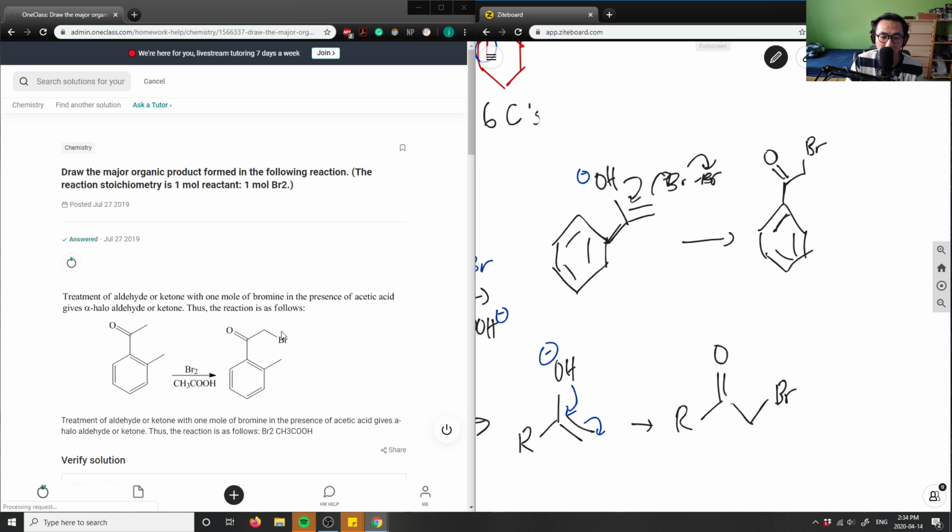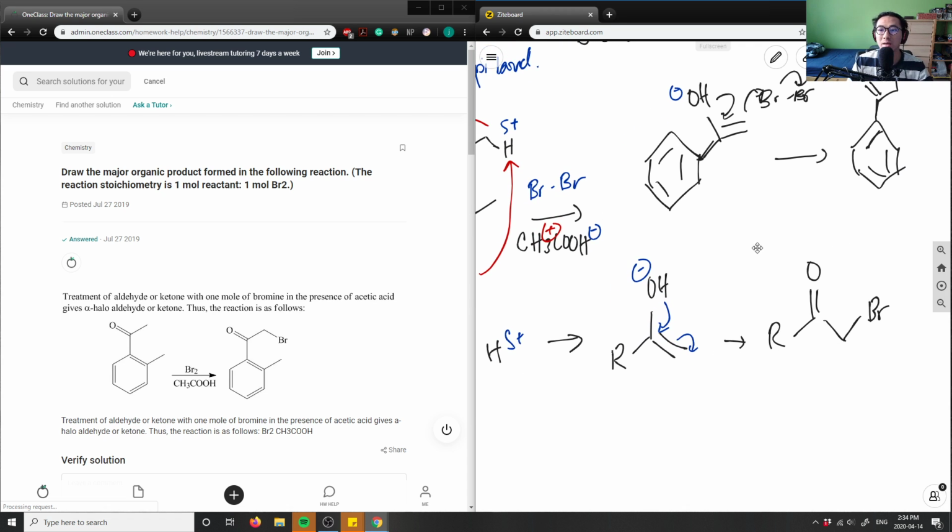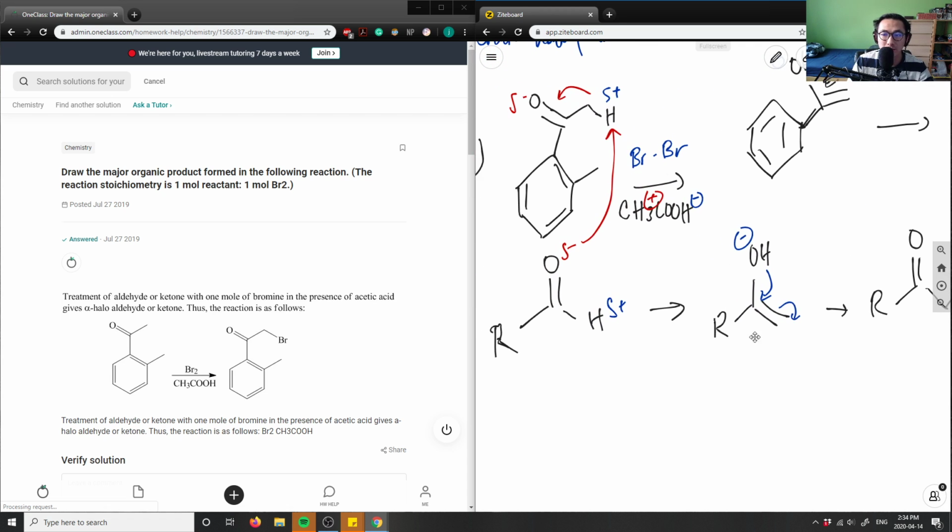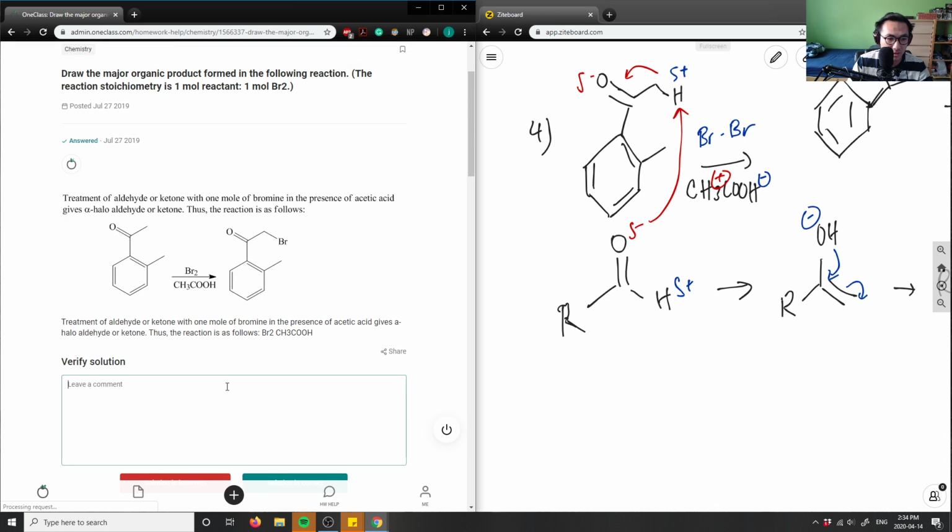So this is a great solution. Again, this is my solution here using an enol as an intermediate. So this is correct here. Great solution. I wish there was a mechanism showing the enol intermediate.